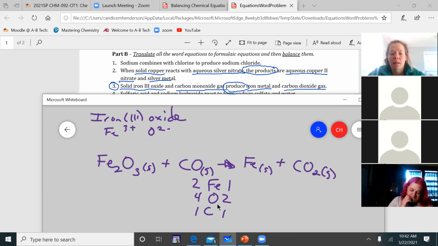I guess I'll balance the oxygens first here. Well, balance the iron. So I've got 2 there, so I need 2 there. So that changes that to 2. Oxygen, there's 4 there. So I need 2 here, which will change this to 4.